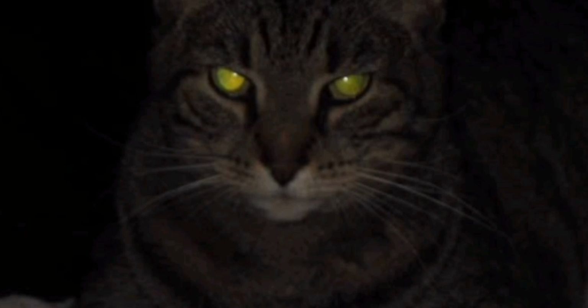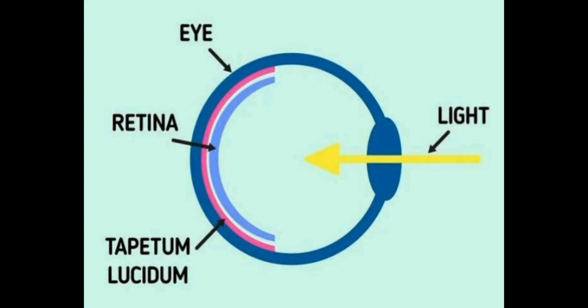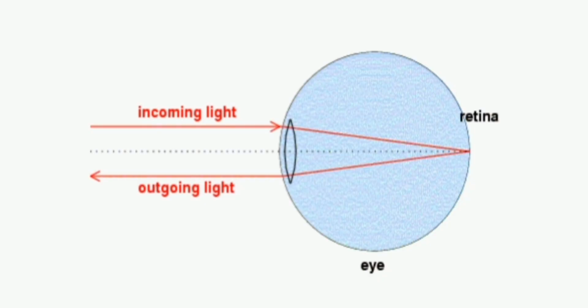Because it has a mirror-like membrane at the back of its eyes. It looks like a mirror. It reflects the light falling on it.